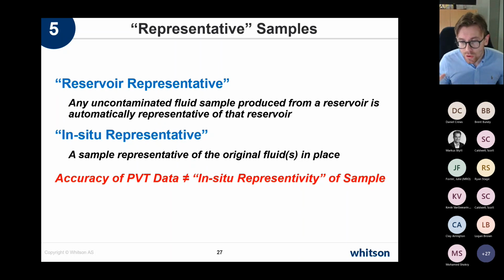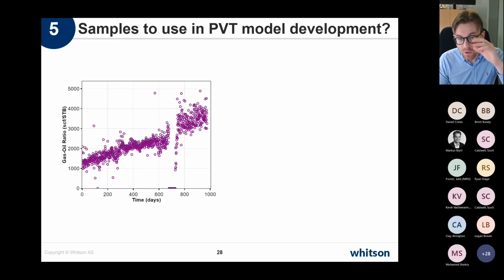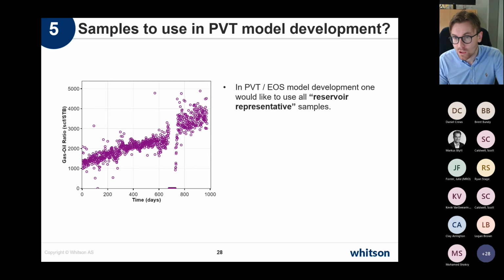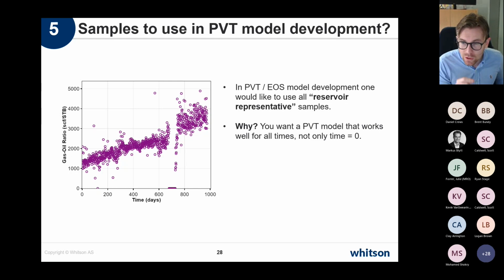So we include all of the samples that have good quality measured data in the lab, whether in situ representative or not. The reason is that in the EOS model development, you would like to use all of the reservoir representative samples. Whether you create a PVT model or an equation of state model, you would like to use all of them, because you would like a PVT model that works well for all times, and not only at time equals 0.